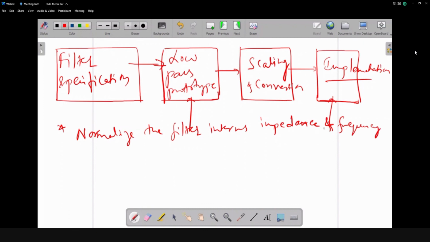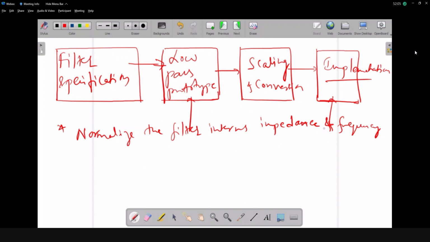Normalization with respect to frequency is always with respect to the cutoff frequency, which is the key parameter. And impedance is always normalized with respect to the characteristic impedance of the filter. This normalization simplifies our design of the filter for any arbitrary frequency and arbitrary impedance.